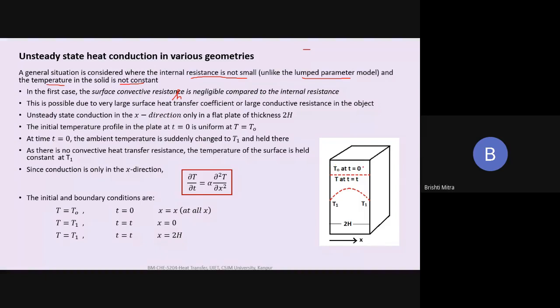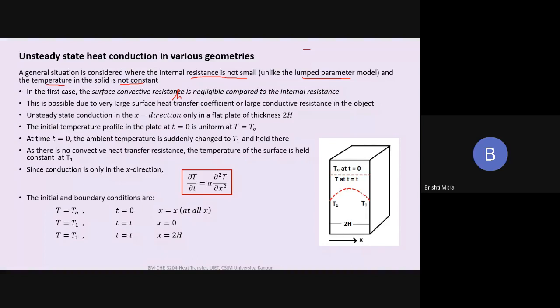At time t equal to t, when there is a variation in temperature as the time changes, the values of temperature on either side of this flat plate are T1 and T2. T1 on the left-hand side and T1 also on the right-hand side. Because there is very low surface convective resistance, that means conduction is very high.